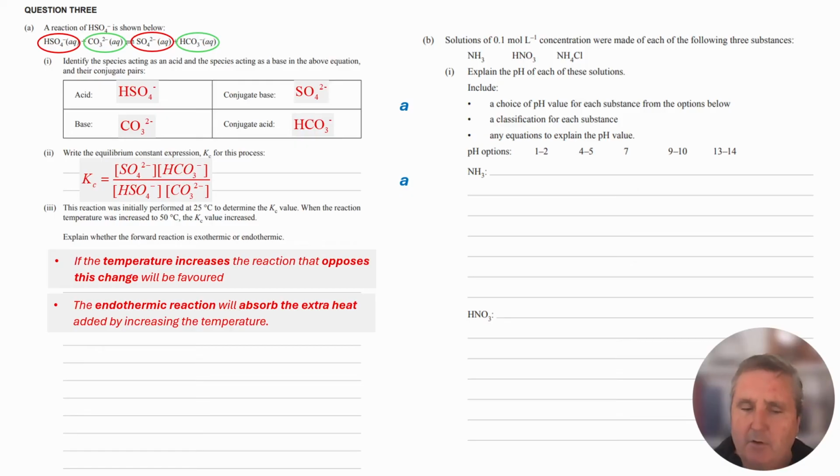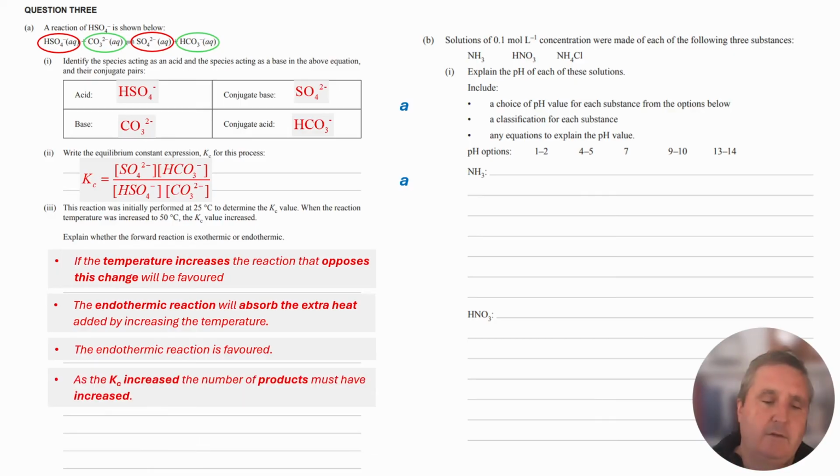Okay, so the endothermic is going to cool it down, the opposite to heating it up. So what we know is if the Kc increased, the endothermic direction is going to be favored.